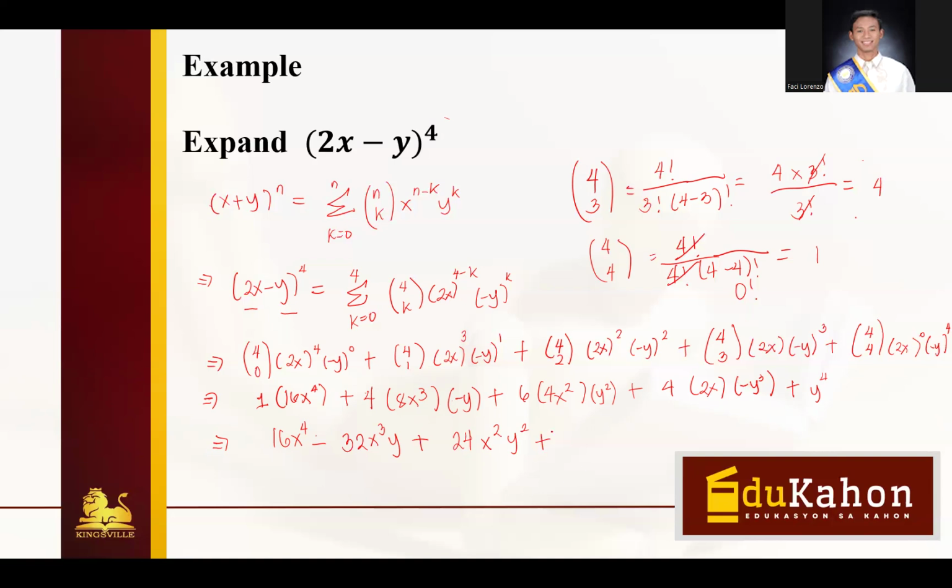So meaning we need to change your positive into negative because there's a negative value on your y. So this will become negative 4 times 2, that is 8, multiplied by x and multiplied by y cubed. And we have the value for your last term, which is y raised to 4. Okay, so this is already your final answer.